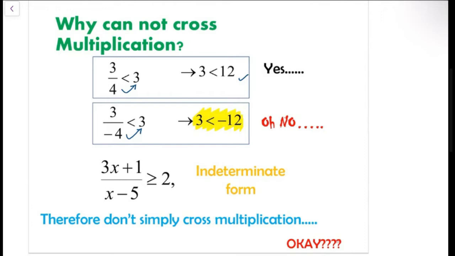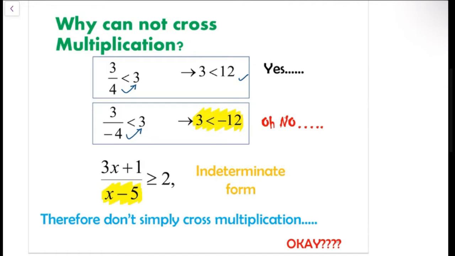In a rational inequality, normally on the denominator part we would have an expression, for example x minus 5. In this case, kita tak tahu value of our x, whether it's positive or negative. So that's why kita tak boleh apply cross multiplication. Itu syarat dia.